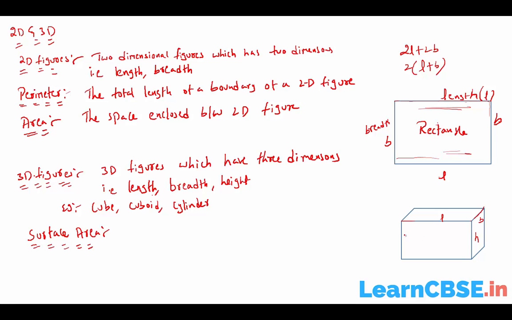See, surface area. Here in three-dimensional figures we have faces, vertices, and edges. For a cuboid we have 6 faces. So surface area means we can see here 6 faces, 6 surfaces.